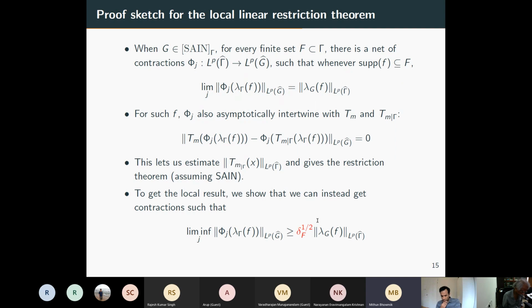Okay, so here's a short proof sketch for how this works in the linear restriction result.